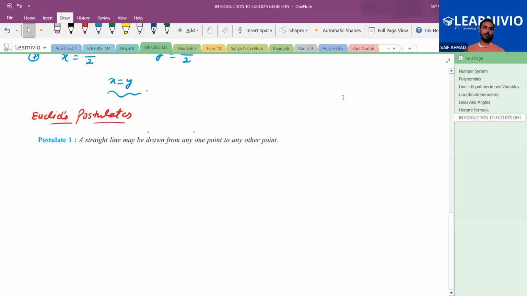Postulate 1 is: a straight line may be drawn from any one point to any other point. Did you know that? A straight line may be drawn from any one point to another point.